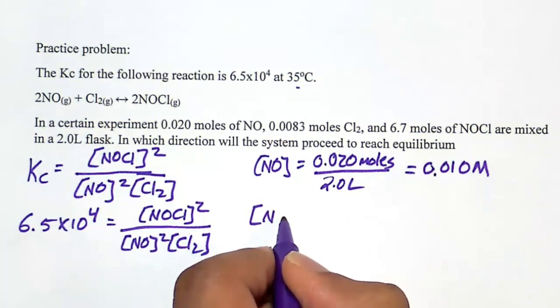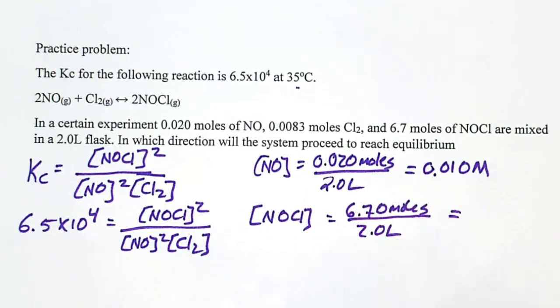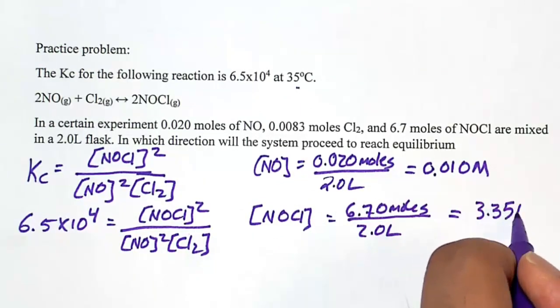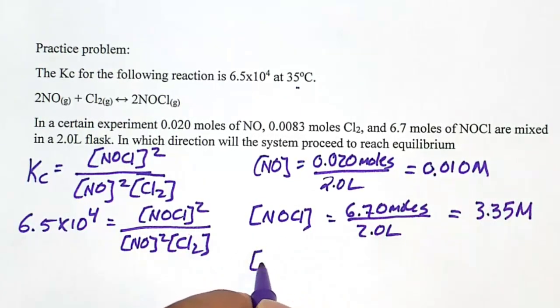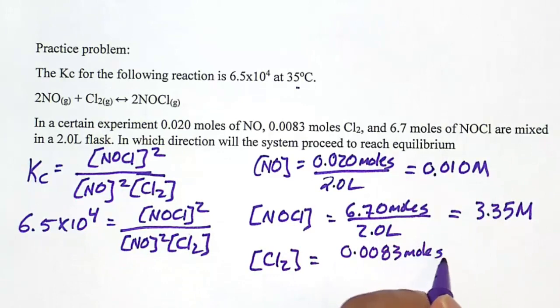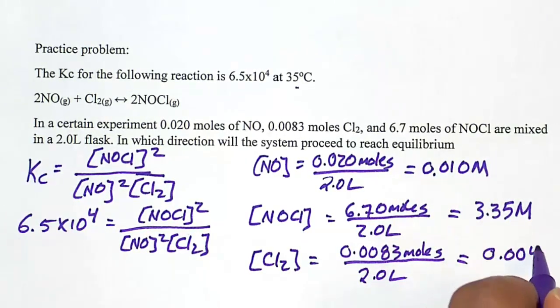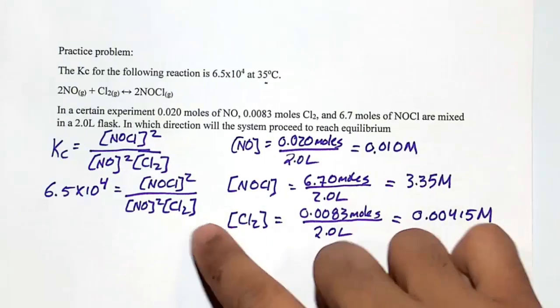Of NOCl, 0.7 moles in 2 liters, 0.35 molar. The concentration of Cl2 is 0.0083 moles, also in 2 liters, 0.00415 molar.